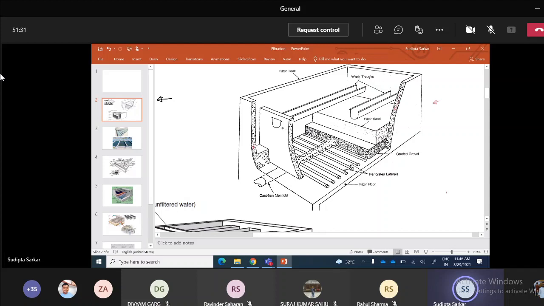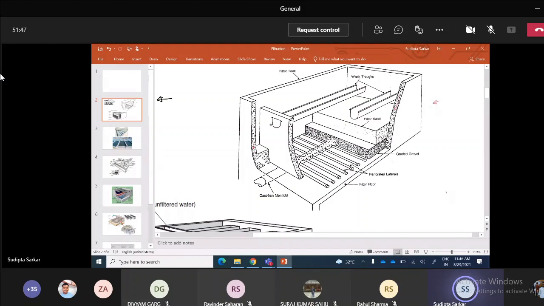there are wash troughs. First of all, there will be wash troughs. These are called wash water troughs or wash troughs, whatever you want to name them.